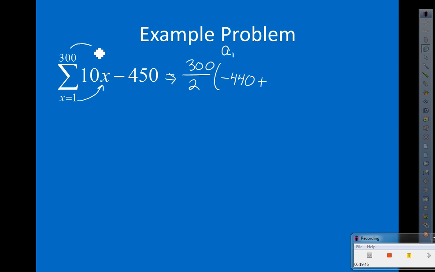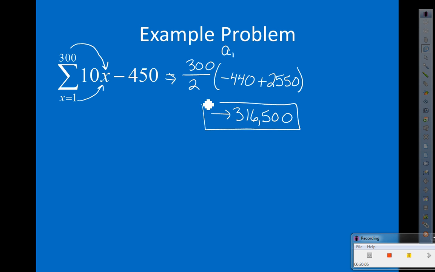Now plug in 300. 10 times 300 minus 450 is 2,550. Run this through your calculator correctly and you should get 316,500. There's my answer if I was to be mean one day and make you write out the first 300 terms and add them together. And yes, that would take a while.